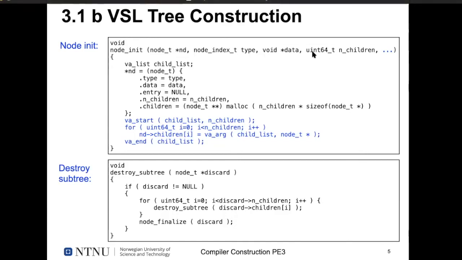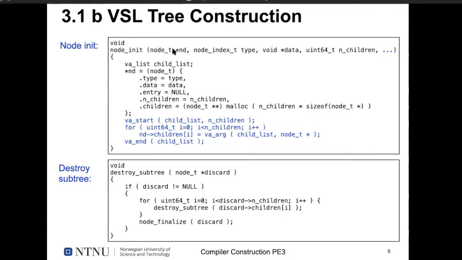Then we have a uint64 type, which indicates the number of children. And then we have additional parameters here, which can include 0, or 1, 2, 3, or even more parameters, which we have to get explicitly here.